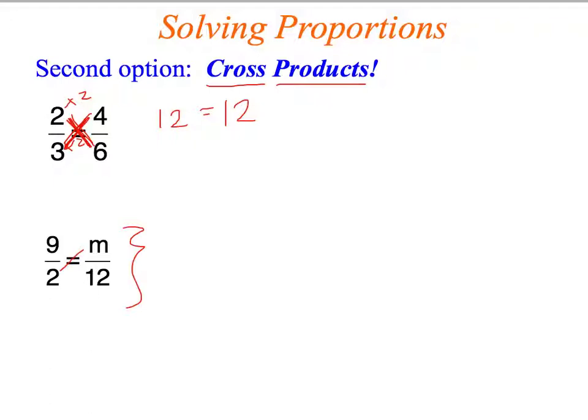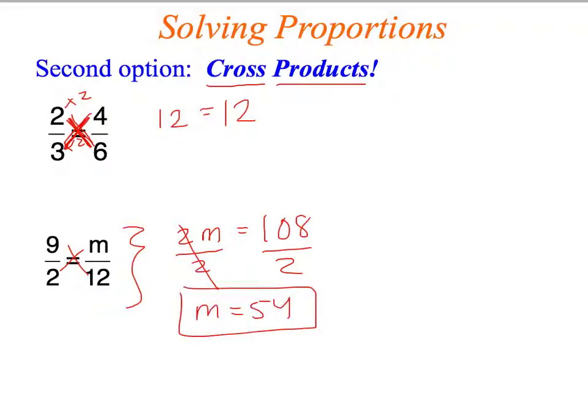So we do 2 times m, which is 2m, and set that equal to 9 times 12, which is 108. Now to solve, you divide both sides by 2, and m equals 54, which is what we got with the first option because this is the same equation. So now we know that both options work, and you can choose whichever one you'd like to use depending on the problem.